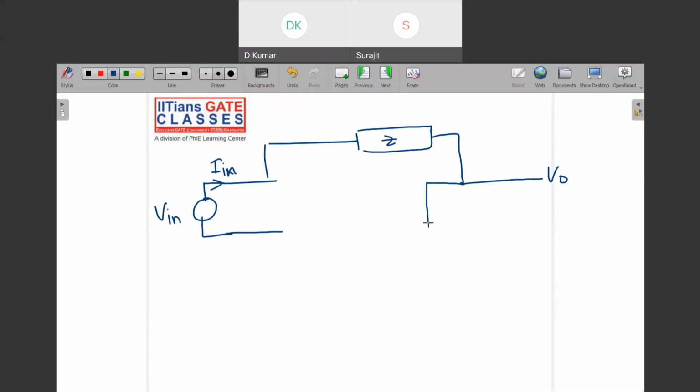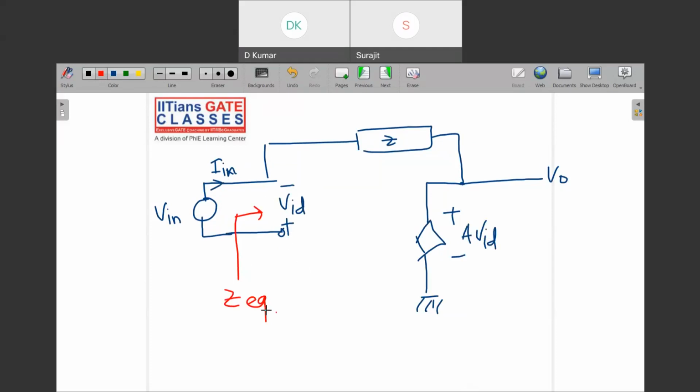This is a dependent source, which helps you model an amplifier, that is plus minus A times VID, the difference voltage. Now you have to see the input resistance from here, or Z equivalent.